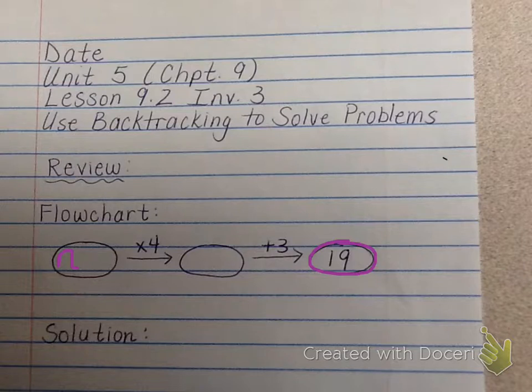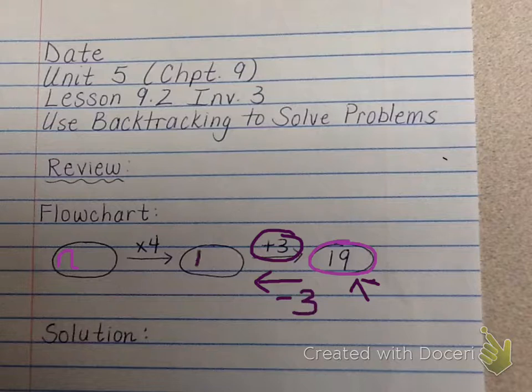To backtrack, we're going to undo those operations. So we're going to start with our output, which is 19, and we're going to undo the plus 3. The inverse operation of addition is subtraction, so we're going to go backward and subtract 3.